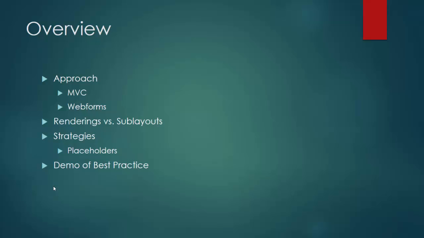So if your home page had a 6x6 grid, and then on the left it contained some sort of form, and then on the right it contained some sort of HTML block.